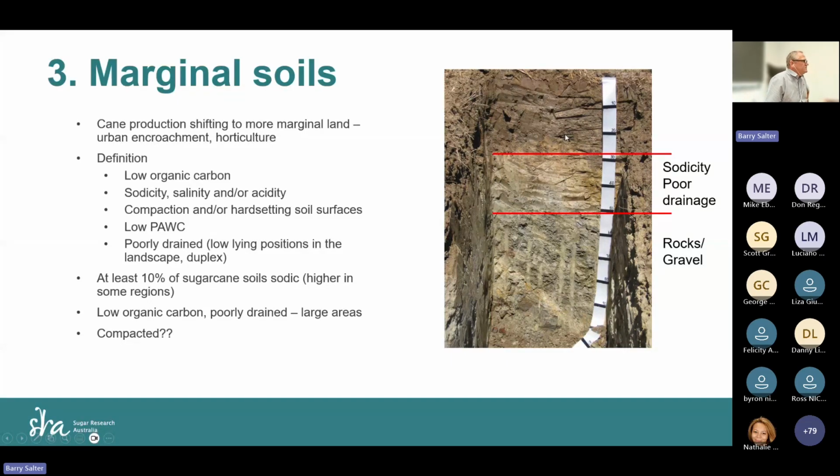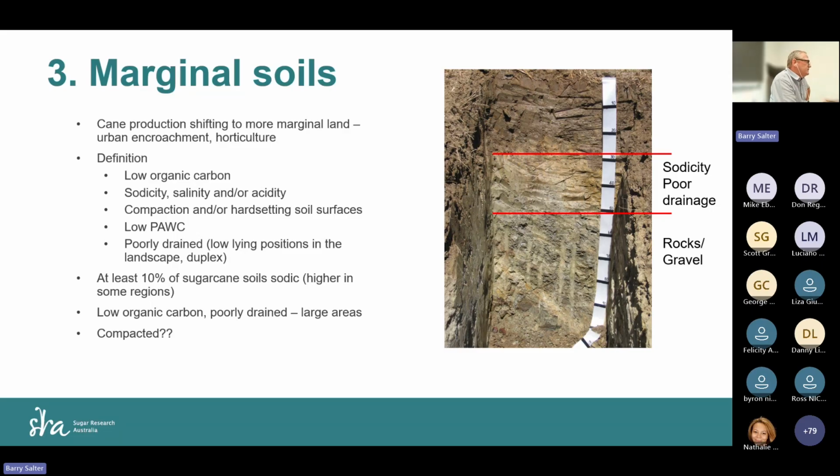And this picture here is of a soil called Wallingford in the Mackay region. It has sodicity problems, probably in the subsoil starting around 30 odd centimetres, and poor drainage as well, starting at that same sort of depth. But below that, at 50 centimetres, you start getting gravel and rocks as well.